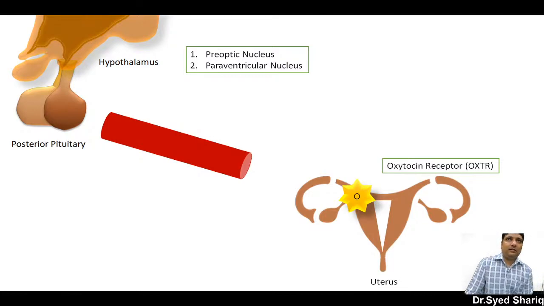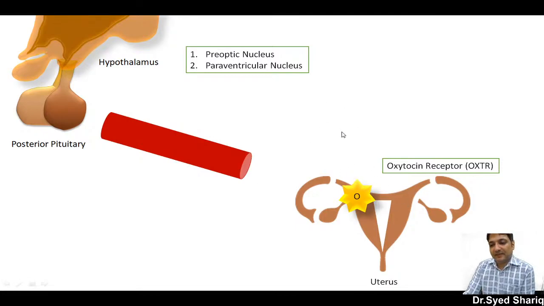Now, in the normal situation, there are not many oxytocin receptors on the uterus. They are well spaced out. But in case of pregnancy, at the time of parturition, the density of oxytocin receptors increases, especially at the site we have called the fundus.